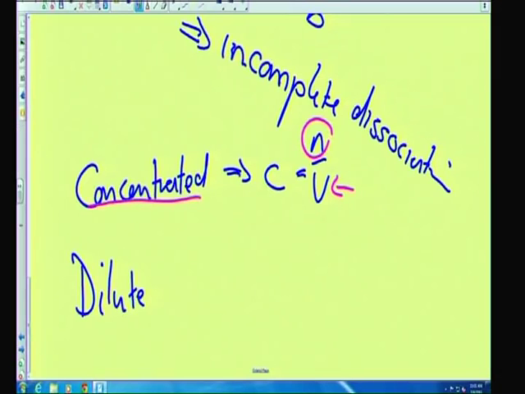But if I've got a small number of moles in a large volume of solution, then it's not weak, it's going to be dilute. We've added more water to it. The molecules, the ions are far apart from each other. They're not as many. It could still be a strong dilute acid or a weak concentrated acid. Please make sure you've got that difference.